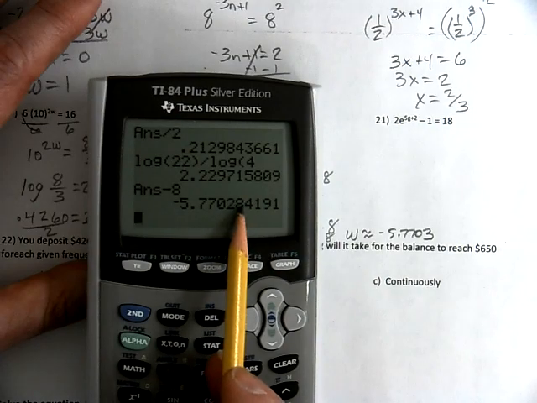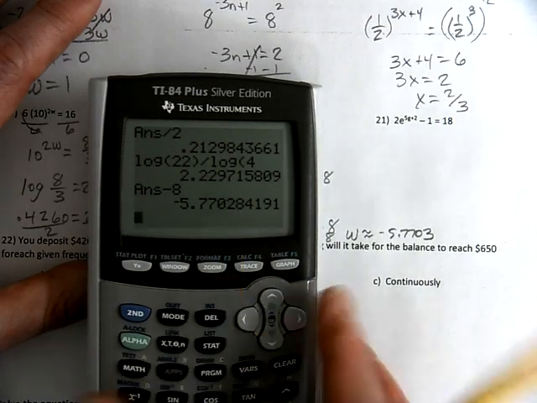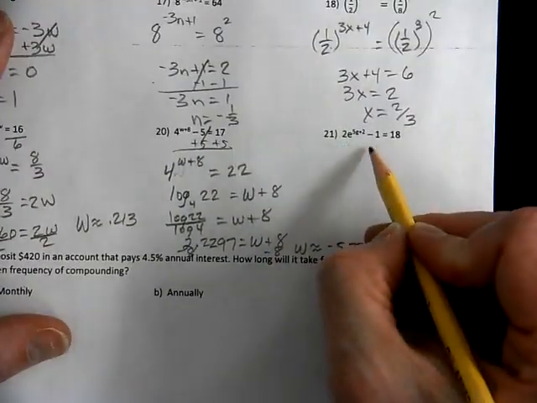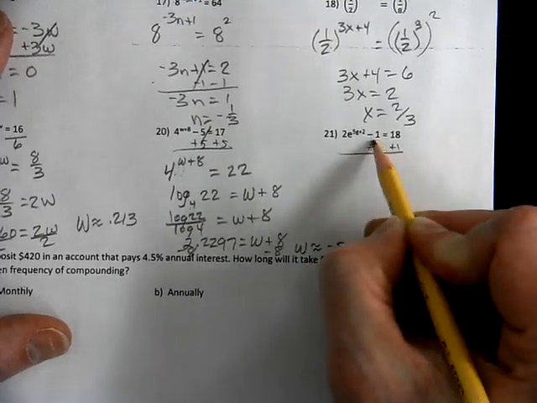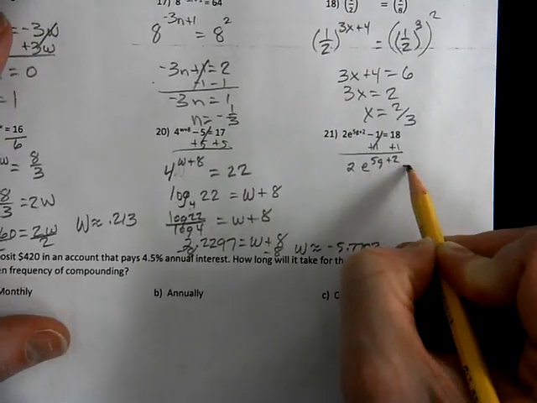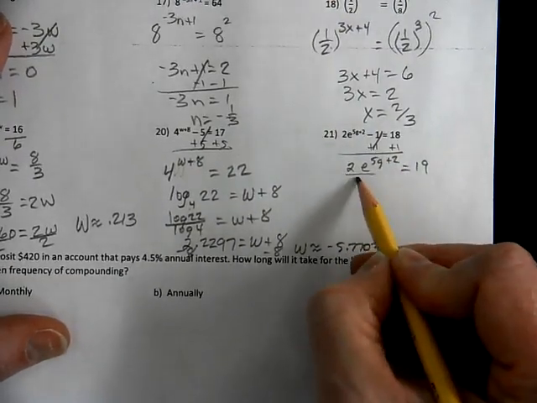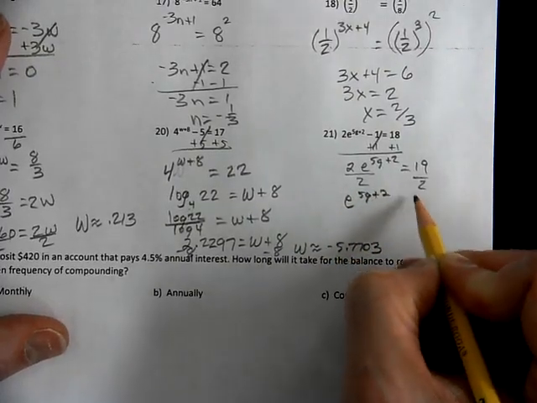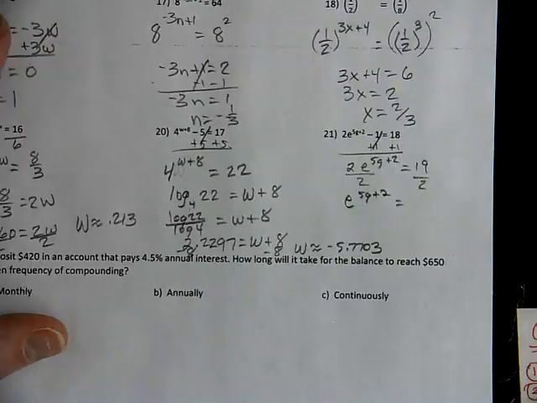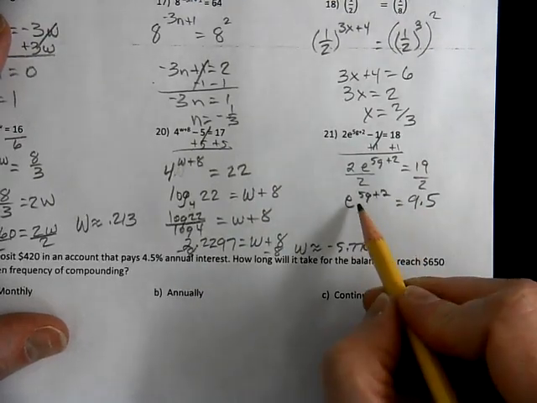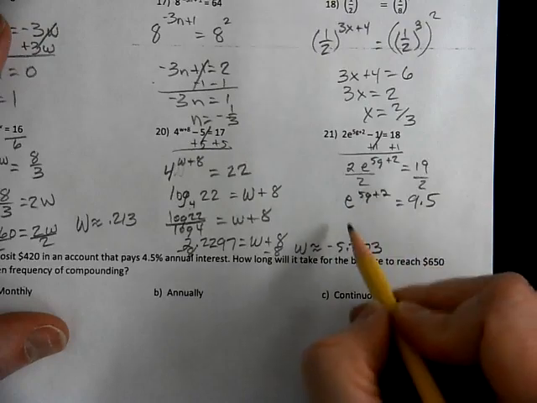Because the 8 is 5 or bigger, that makes the 2 become larger. Need to divide by 2. We could call that 9.5 would be fine because that's the exact answer. I'm solving for an exponent, so I need a logarithm.